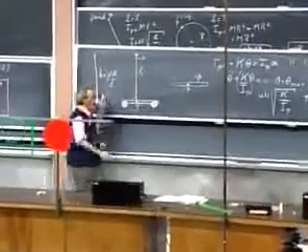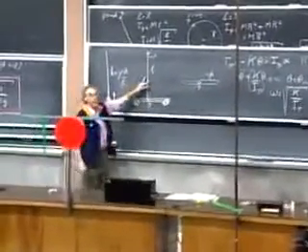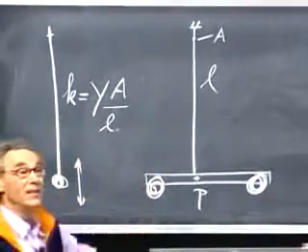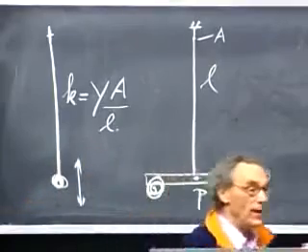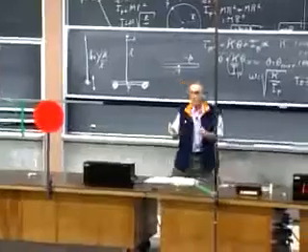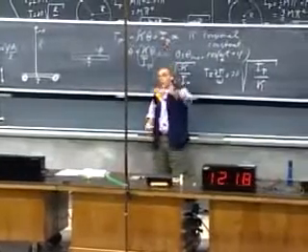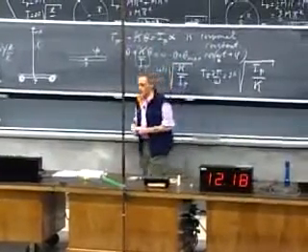But I don't want to go into the details of exactly how you derive kappa here. It's a little bit more complicated. But indeed, the same is true: if you make the wire thicker, then kappa will go up, and if you make the wire longer, kappa will go down. That's immediately obvious.